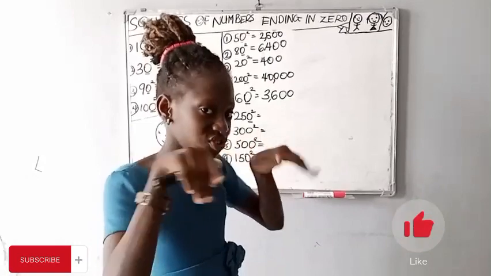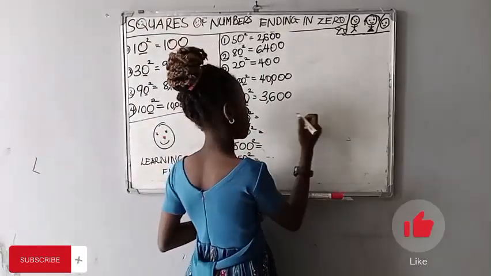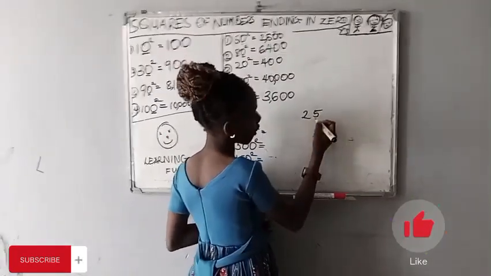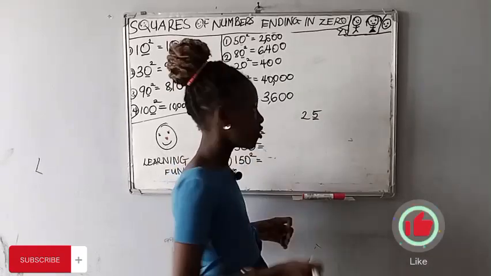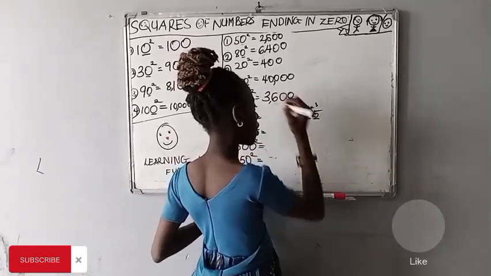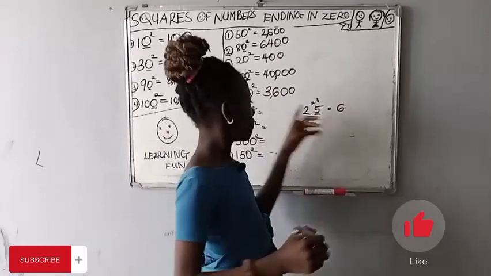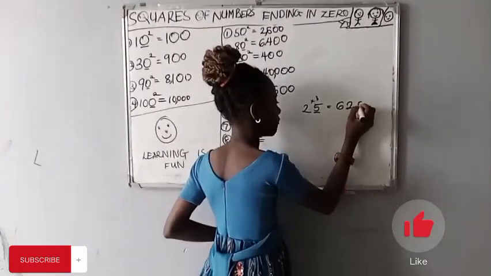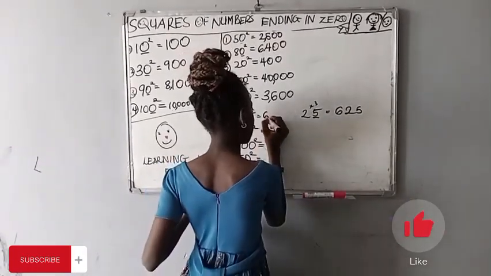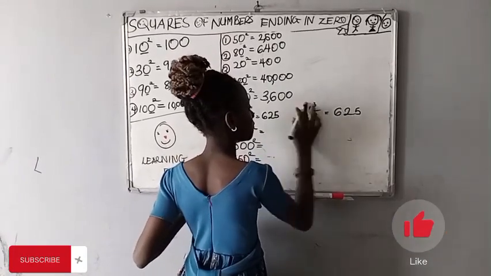So now, let's use the technique to solve this. We mark out the 5. Remember, 2 times the successive number equals 6. 5 squared is 25. So we write 625.